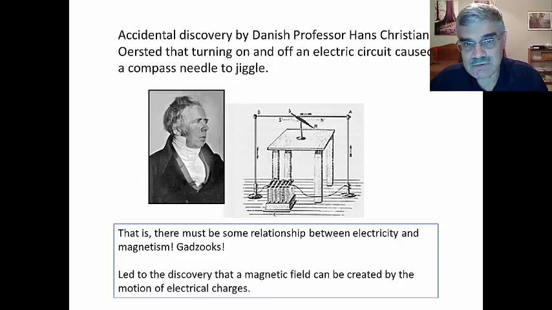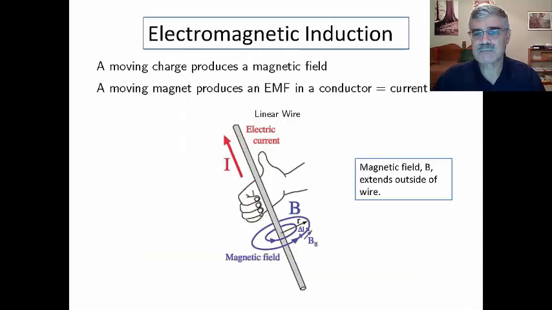This led him to discover that a magnetic field can be created by the motion of electric charges, because an electric circuit is a movement of charges. Movement of charges can create a magnetic field. This is a phenomenon called electromagnetic induction.